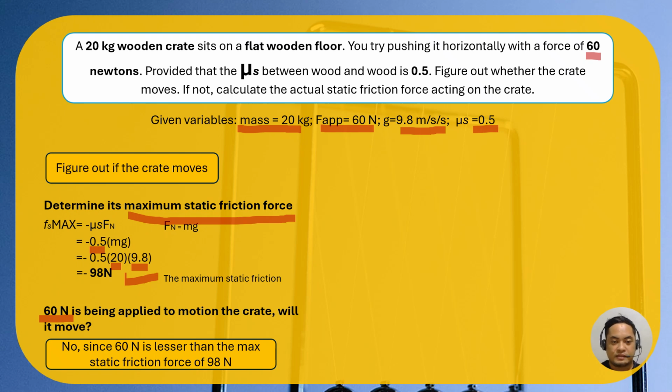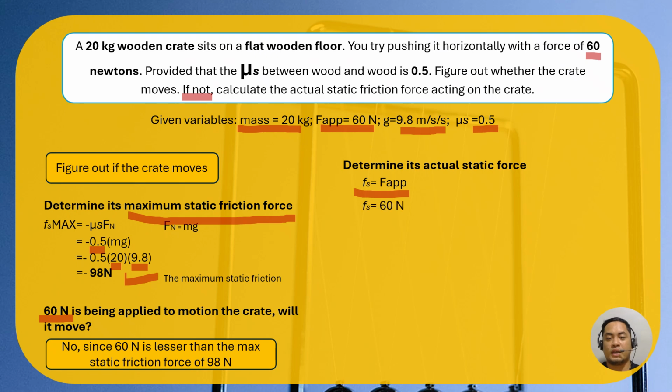There's a follow-up question here. Let's calculate the actual static friction force acting on the crate. Actually, there's no need to calculate because, as we discussed in the previous slides, your static friction is equivalent to your force applied. It exists if force applied is equivalent to the static friction.